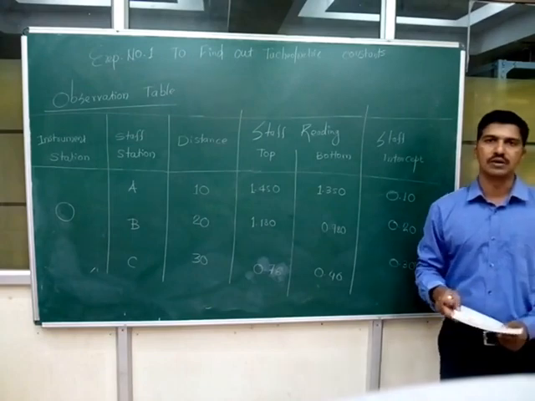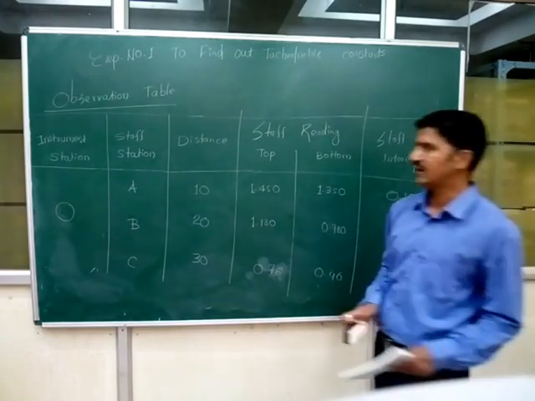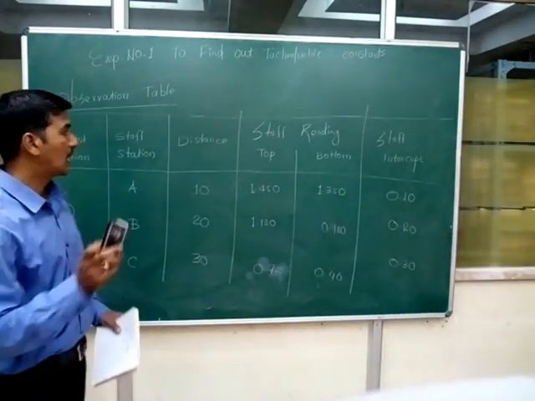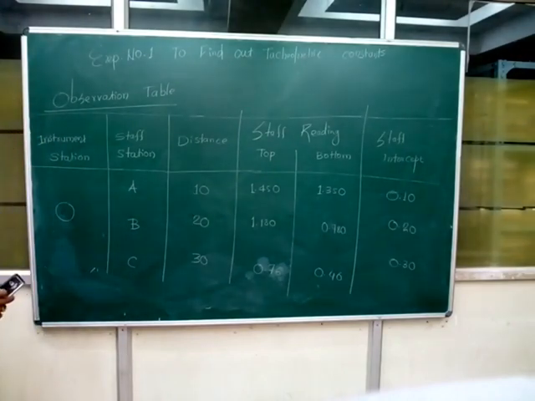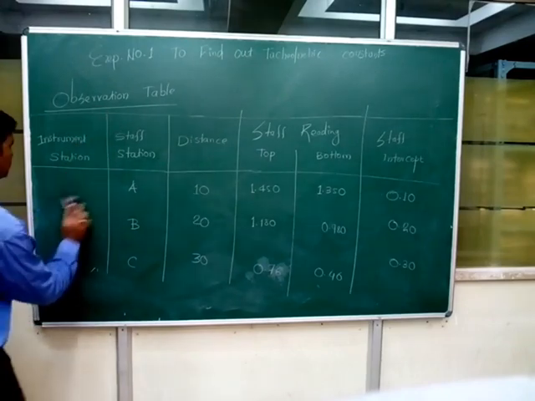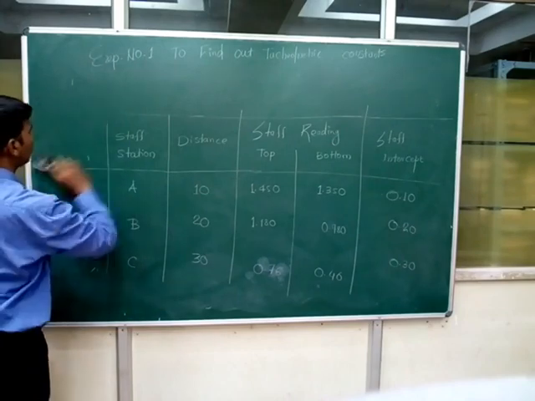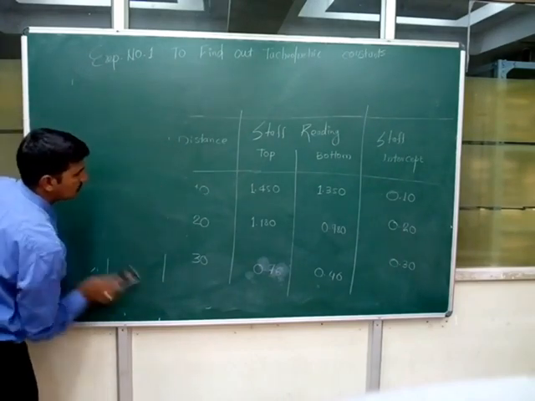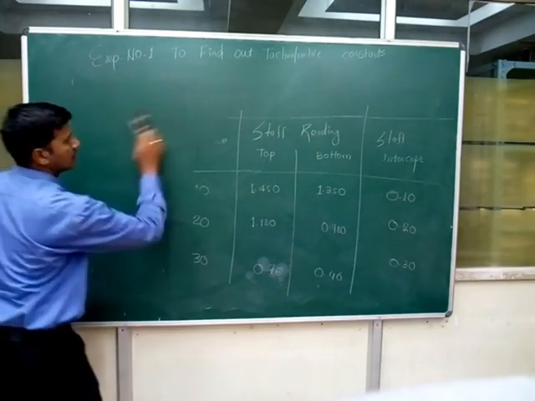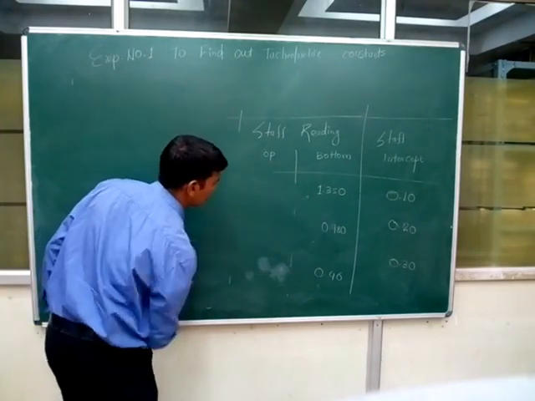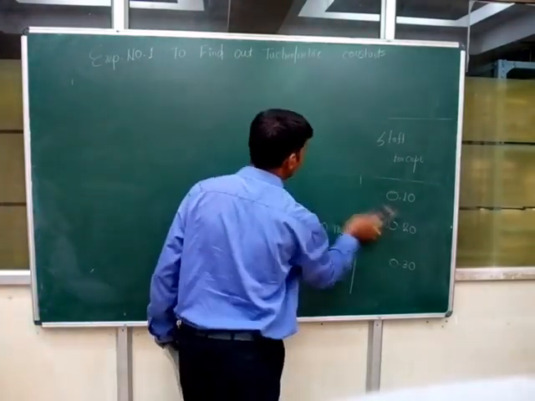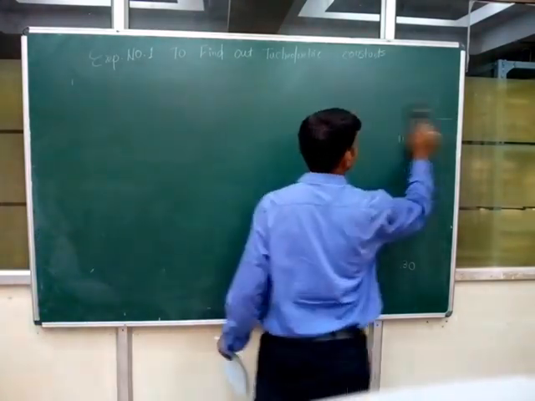After the observation table, we will require to calculate the K and C by using the equation. So this is my observation table. We'll go towards the calculation part, in which we will use the values from the observation table.